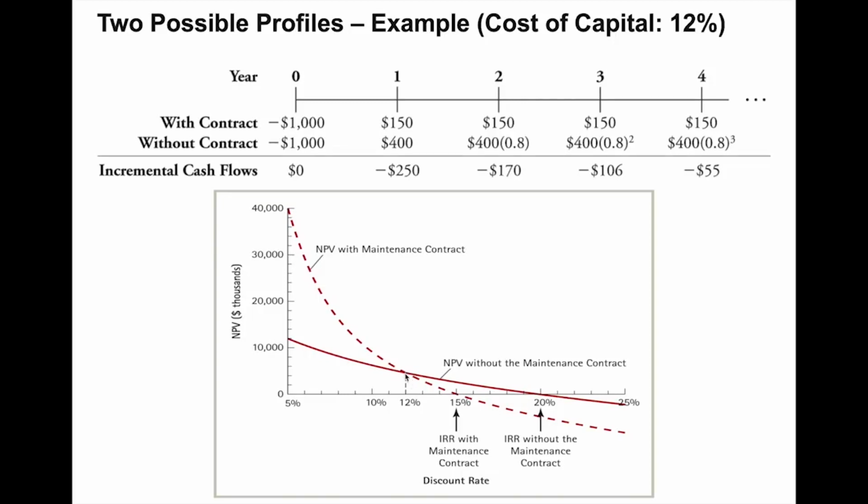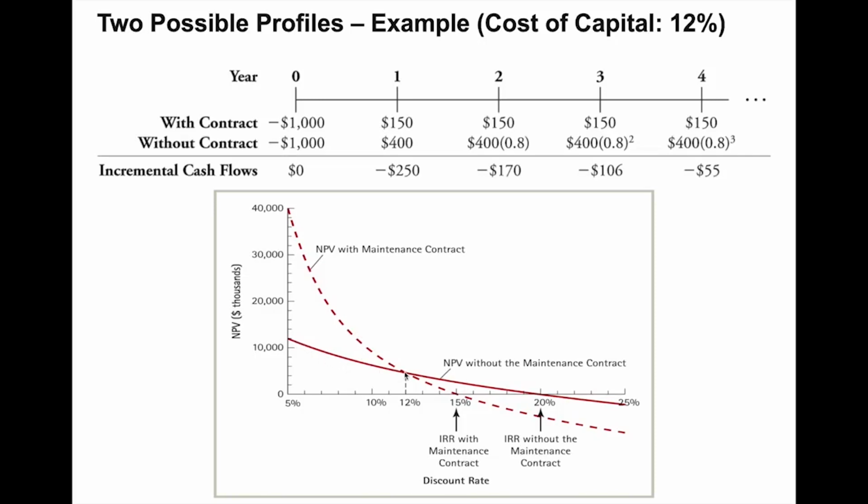So as long as our discount rate is less than this incremental IRR, we should choose the maintenance contract, or we should choose to have the contract, because that's going to give us a higher NPV than without the contract.